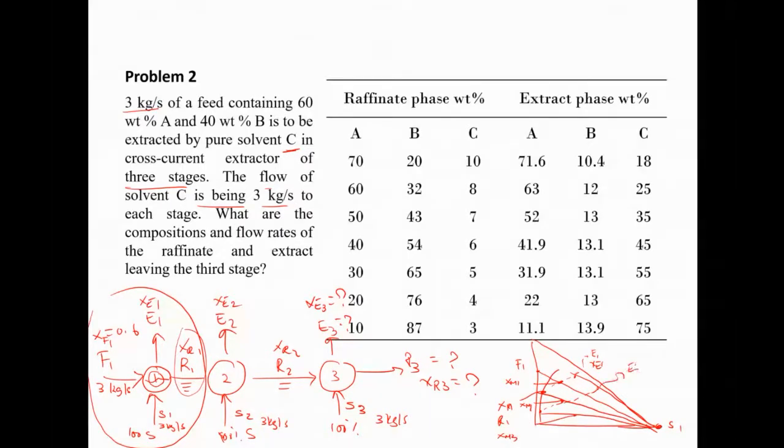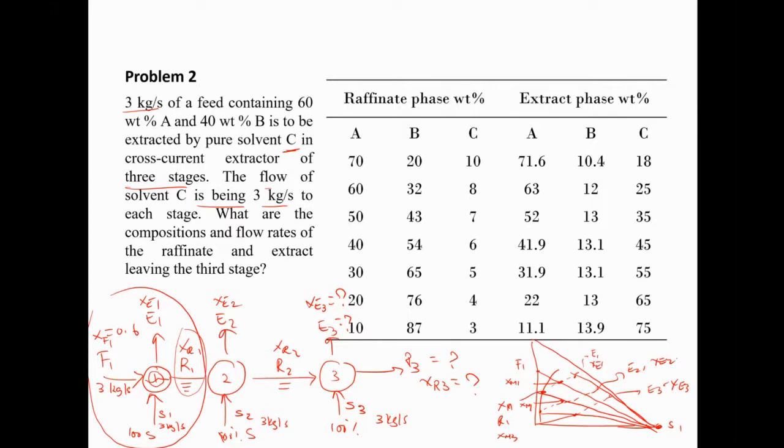Therefore this one will be XE2, and once I draw the tie line, this will be E3 and XE3.